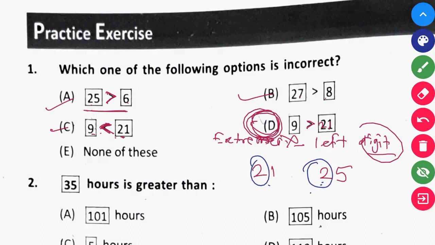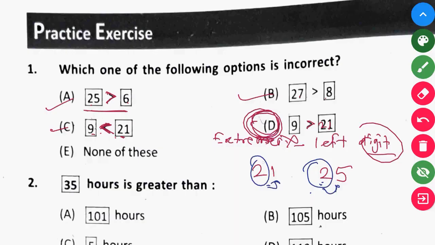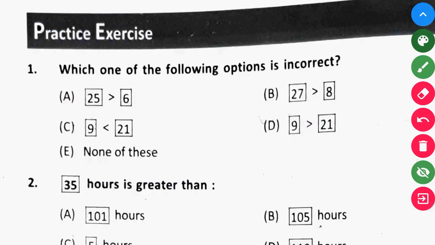Both are the same, so we move our attention to the next digit, to the right. In 21 there is digit 1, and in 25 digit 5. So 1 is smaller than 5, or 5 is greater than 1. So 25 is greater than 21. Like this you have to compare.